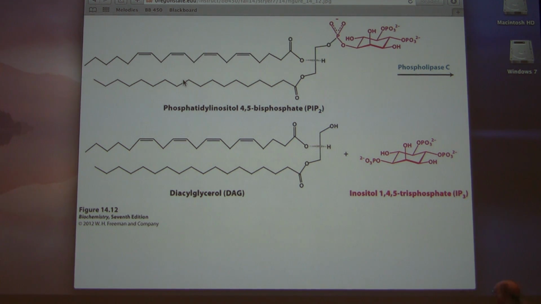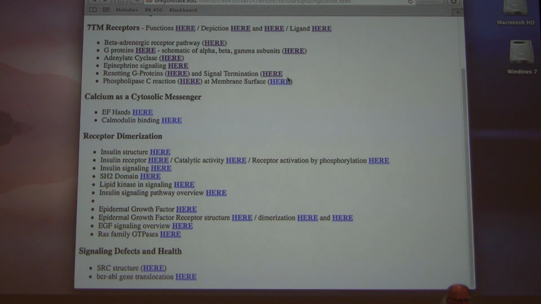Okay? What's left behind in the membrane is this molecule called diacylglycerol, or DAG. As I said, both of these compounds will act in this mechanism I'm going to describe to you as second messengers. Okay? So one left in the membrane, one travels in the cytosol.